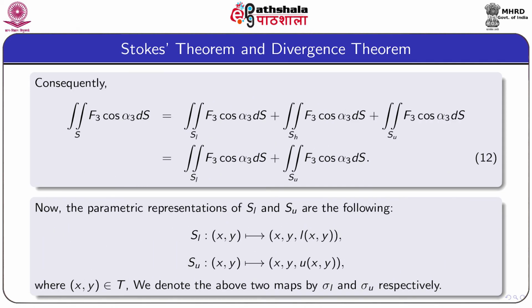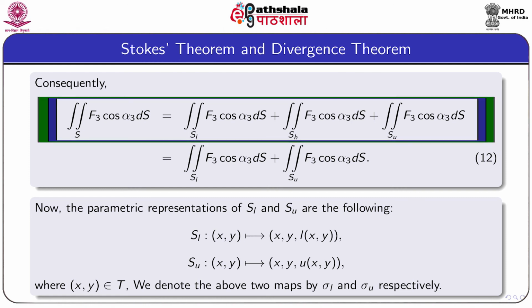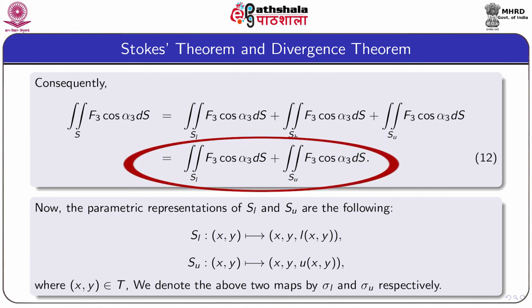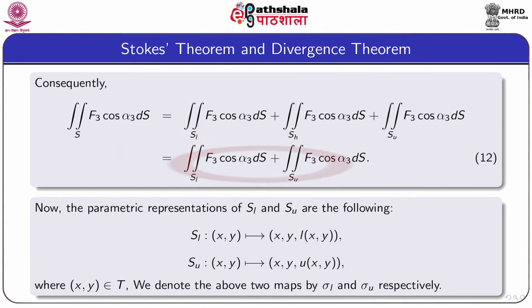Consequently, the surface integral of f3 cos α3 over S equals the sum of the surface integrals of f3 cos α3 over S_L, S_H and S_U. Since the integral over S_H vanishes, this equals the surface integral over S_L of f3 cos α3 dS plus the surface integral over S_U of f3 cos α3 dS.